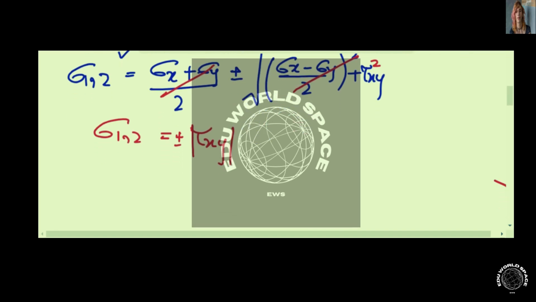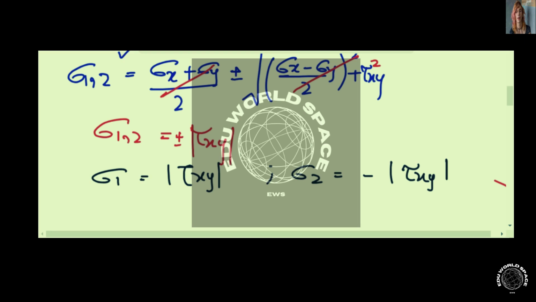For sigma 1 we'll choose the positive value, and for sigma 2 we'll choose the negative sign.